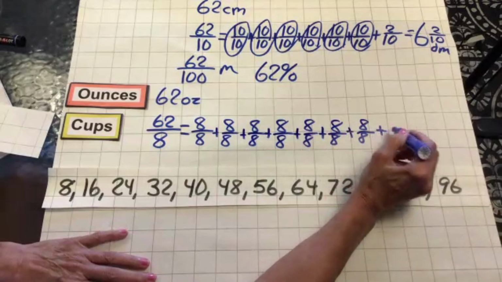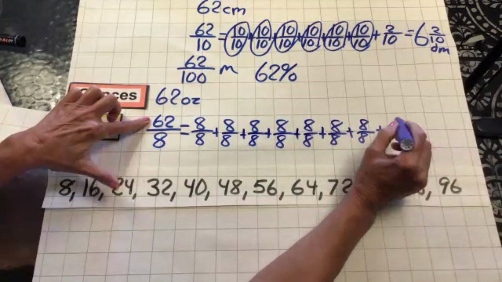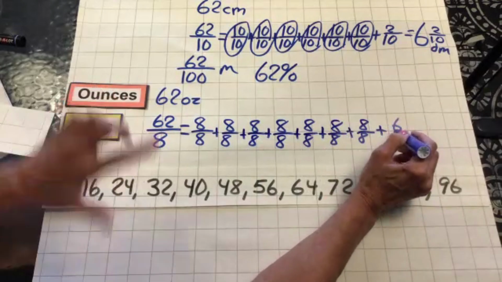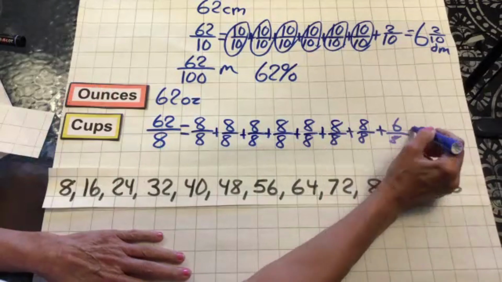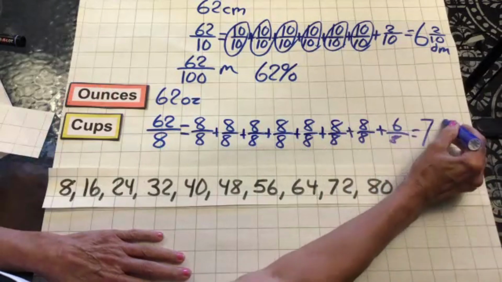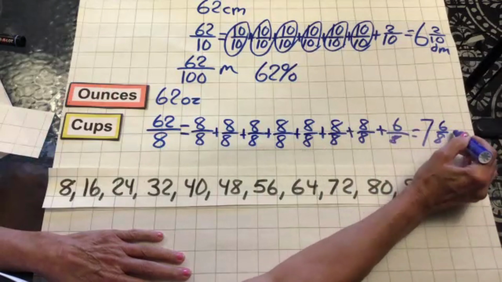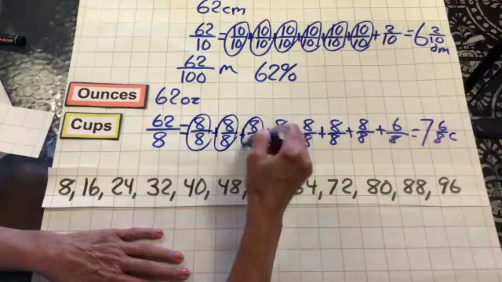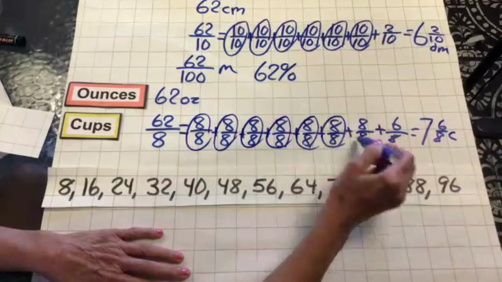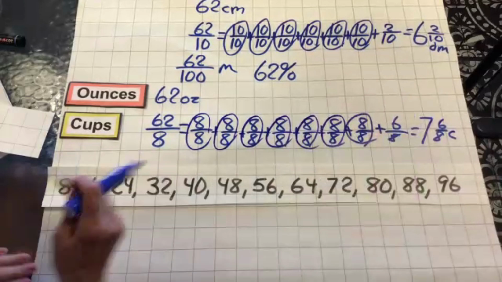And if we take 56 away from 62, we still have 6 more. So that would be 7 6/8 cups. So that would be 1, 2, 3, 4, 5, 6, 7 and 6/8 cups.